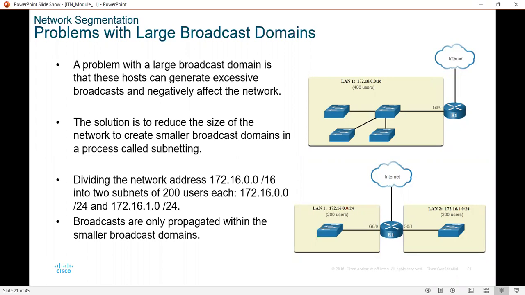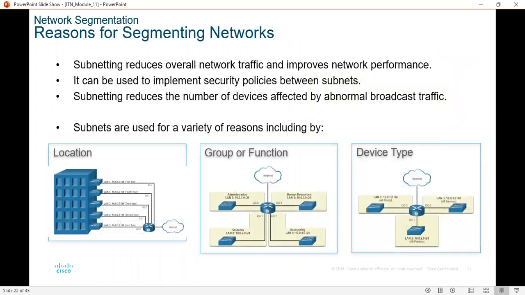It's an abuse, and it can overburden the capacity of the resources. That's what leads us to subnetting. We try to miniaturize, we try to segment the network.